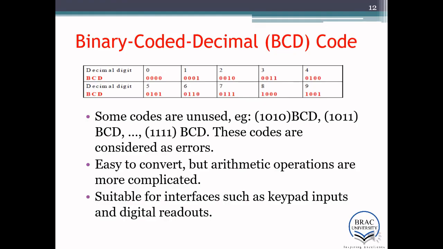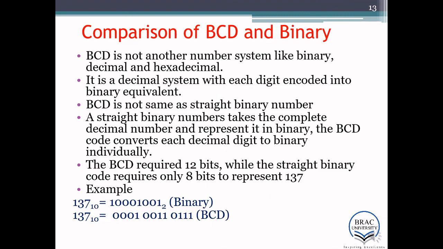Comparison of BCD and binary. BCD is not another number system like binary, decimal, and hexadecimal. It is a decimal system with each digit encoded into its binary equivalent. BCD is not the same as a straight binary number. A straight binary number takes the complete decimal number and represents it in binary.